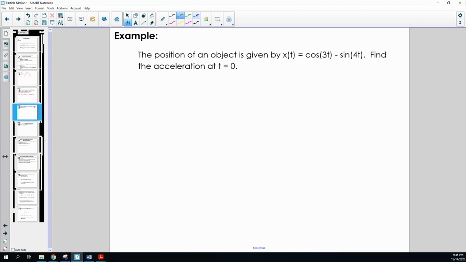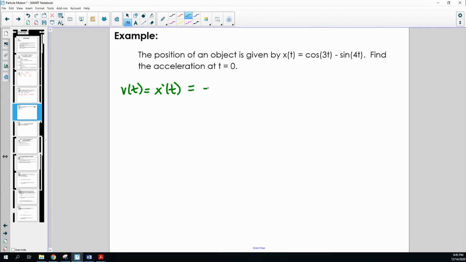Okay, let's look at another example. Here the position of an object is given by x of t equals cosine of 3t minus sine of 4t. Find the acceleration at t equals 0. Now we're trying to find the acceleration, so the first thing I have to do is find the velocity. I'm going to take the derivative of the position, so v of t is equal to x prime of t. For the derivative of this, I have to use the chain rule.